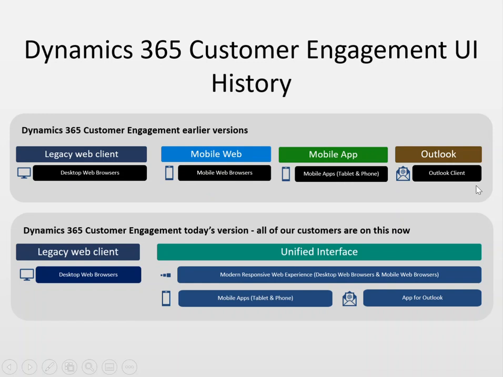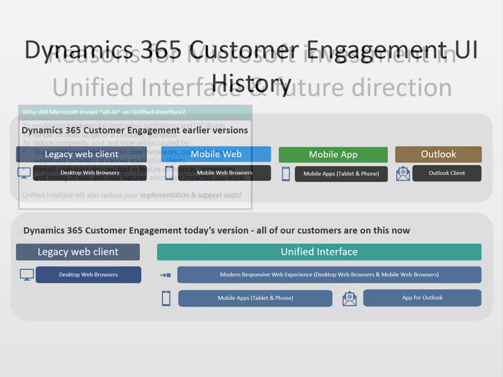It wasn't giving us the same behavior. But in unified interface we have one unified interface. This interface can give us the same look and feel on all platforms and devices, even the app for Outlook or the mobile application. And we still have, till now, the legacy web client.